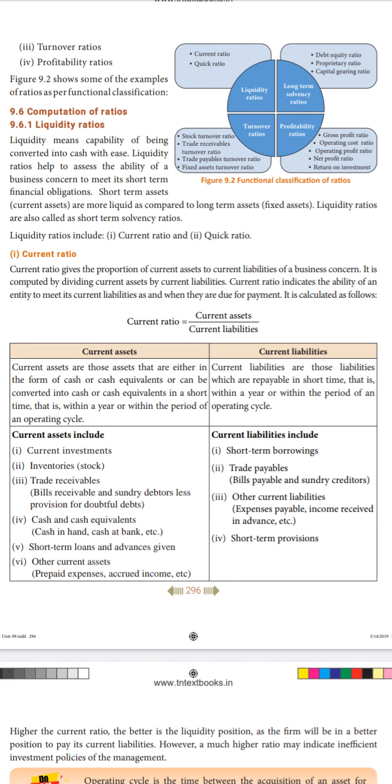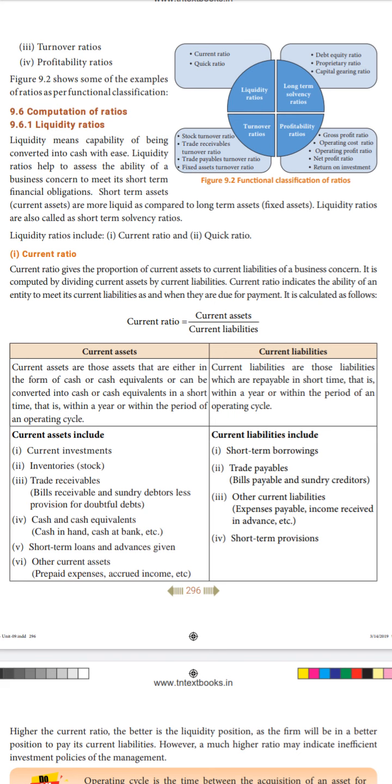So here let me explain the first topic, liquidity ratios. Liquidity is nothing but where we can easily convert any account into cash. For example, in a business, they produce a certain amount of products, and those are called stock.